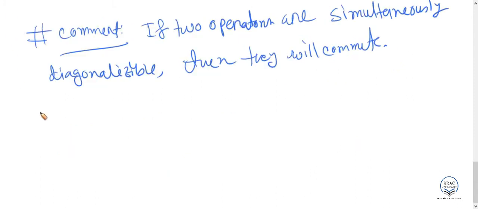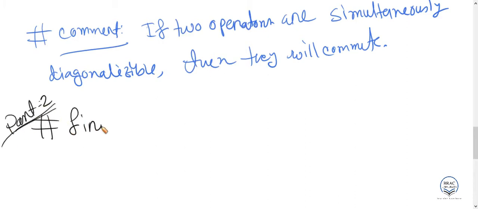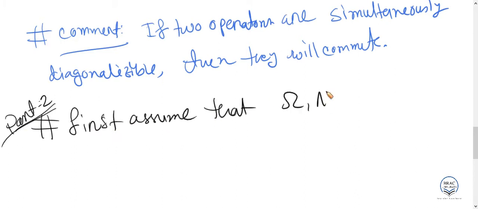Now what if we start in the reverse process? So this is part 2. First, assume that they commute, that is the commutator of omega and lambda is 0.